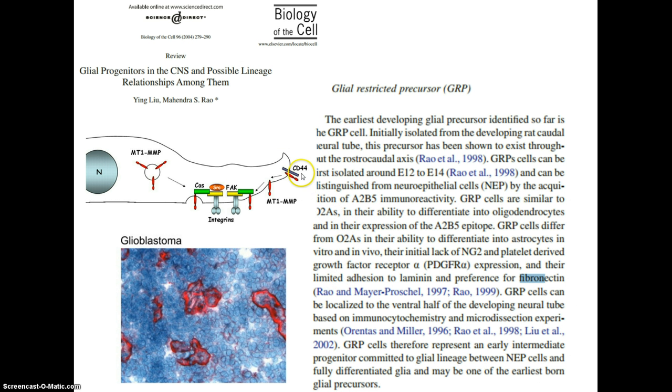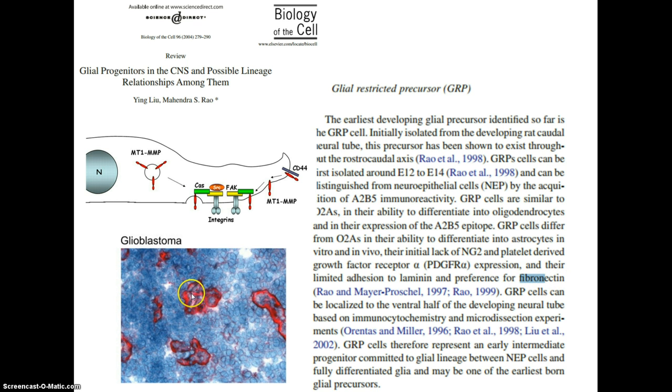So we're thinking about what might be the preferences of which type of cell to stick to what. We see here the glial restricted precursor cell. It has an initial lack of NG2 and platelet-derived growth factor receptor alpha expression, and limited adhesion to laminin and preference for fibronectin.